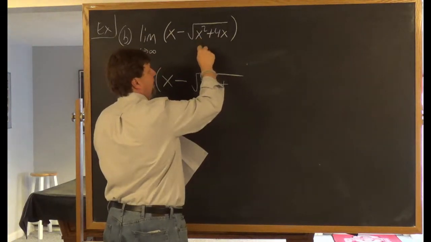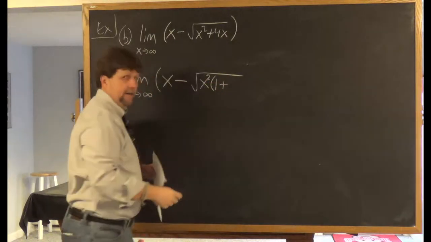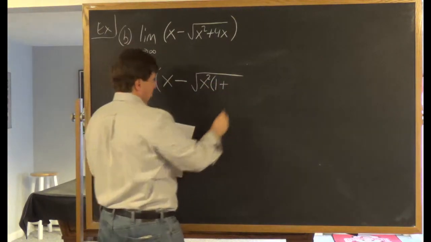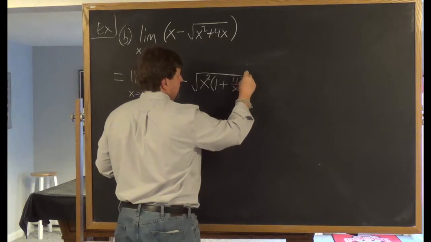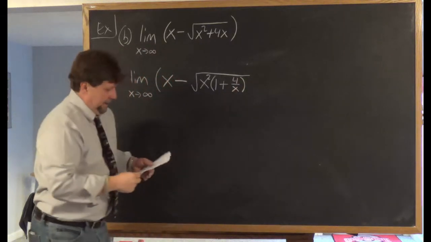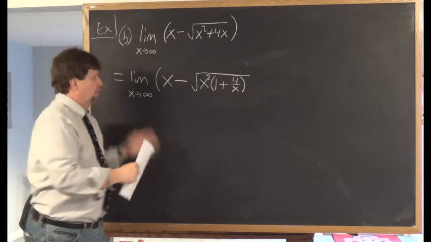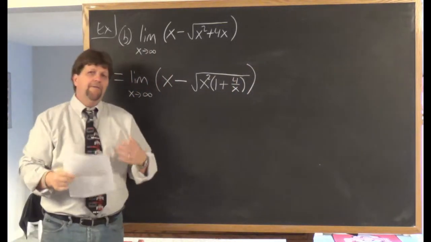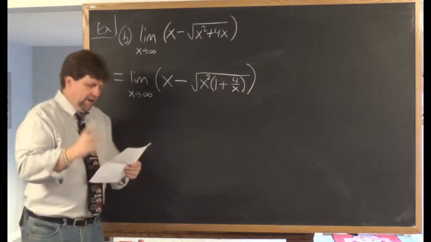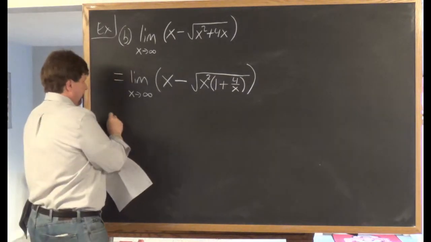If I factor x squared out of 4x, I'm left with 4 over x. Okay, that hasn't changed the form. Whoops, let me get another parenthesis here. You know, we still have the form infinity minus infinity, but notice what we can do now.